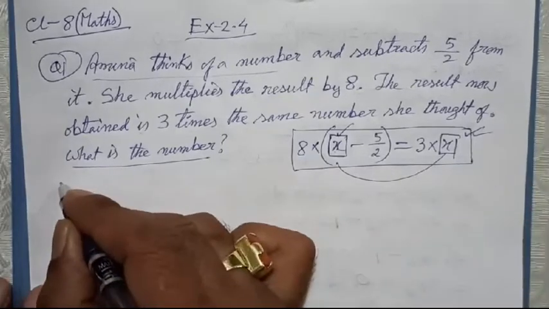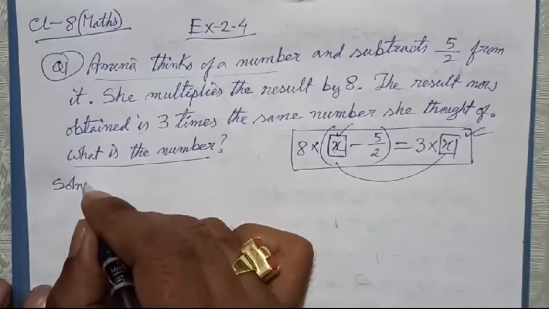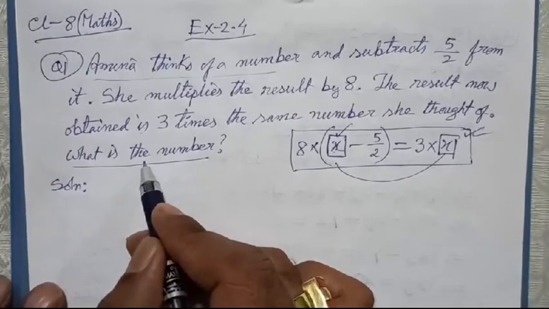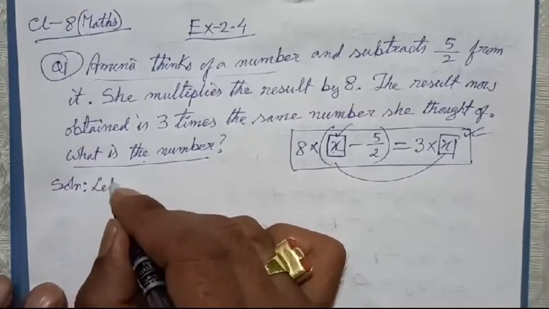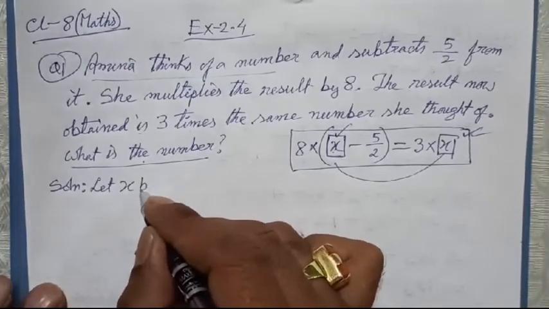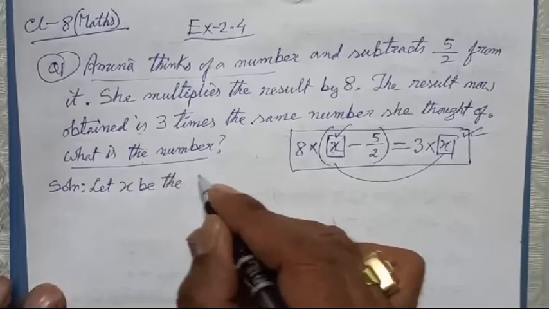Now let's start. Solution. What is the number? This number we have to take as x. We need to find out the number, and we are going to take it as x. Let x be the number.